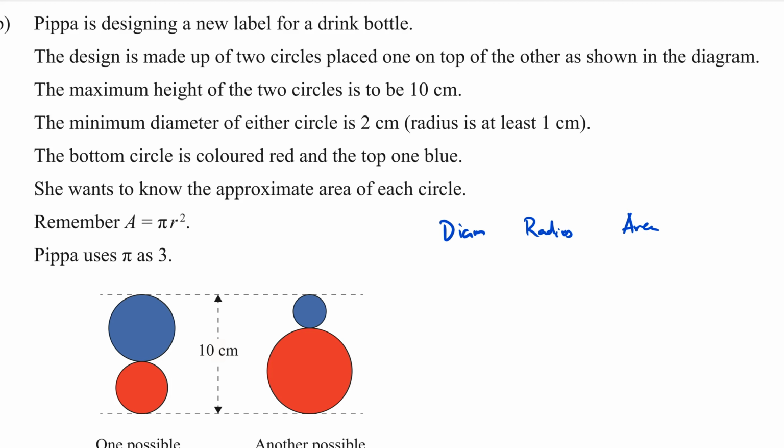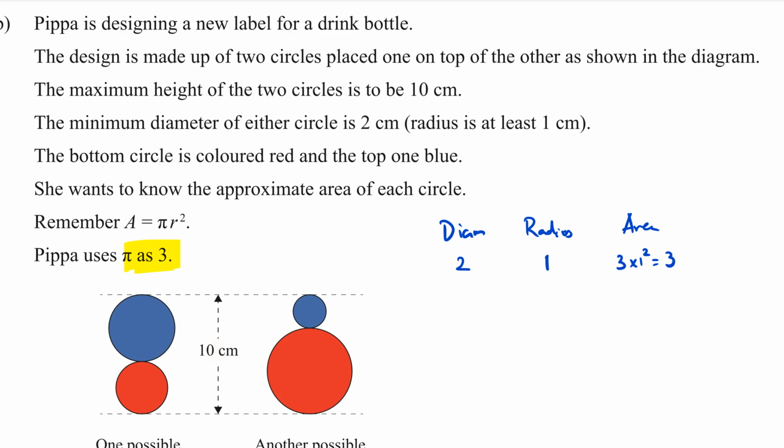The radius has to be at least 1 centimeter for either circle. So you can have a radius of 1. If I have a radius of 1, then the diameter for the red circle is going to be 2. She also uses pi as 3, just to make things a little bit more complicated, which means the area of that first circle is going to be pi r squared, so 3 times 1 squared. So that's going to be 3.